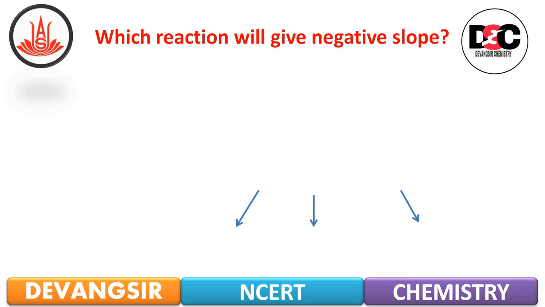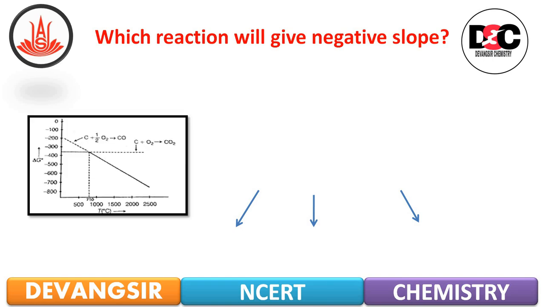Which reaction will give the negative slope? There are 3 conditions, and one by one we'll be seeing them. The first condition is which reaction will give the negative slope. In the diagram, a negative slope means the line is coming downward. Here you can see in the graph, delta G versus T, the Ellingham diagram, the negative slope.